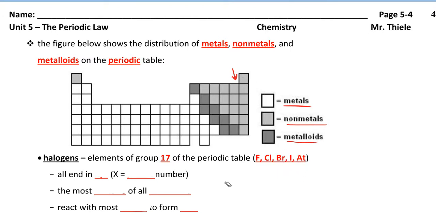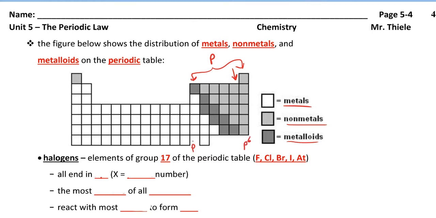If you go down group 17, all of the group 17 elements end in the same electron configuration, see if you can figure it out. These are all P blocks. All of the noble gases end in P6, that's maybe a little bit of a preview.